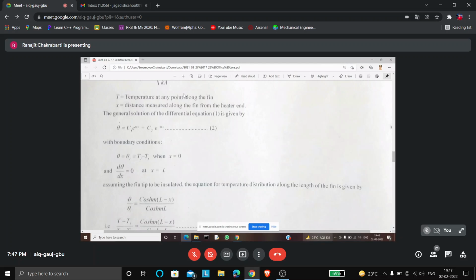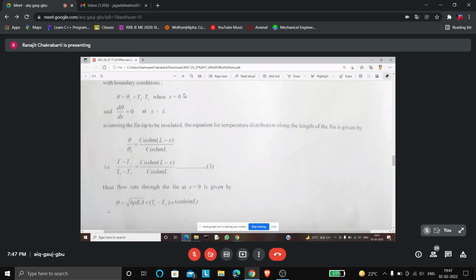At x equal to L, d theta dx equals 0, and putting these two boundary conditions here, we can get this exact solution. That exact solution is T minus Tf, that is theta, by T1 minus Tf, which is theta 1, the fin base temperature being T1, equal to cosh m(L minus x) by cosh mL.